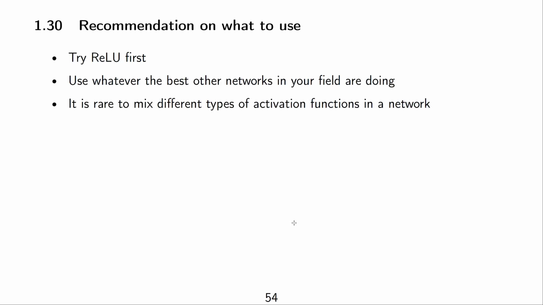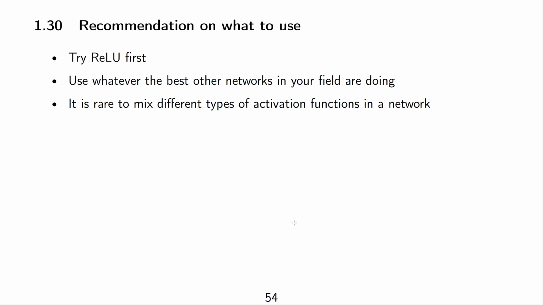All right. So what should you use? I think ReLU seems to be a robust first choice. And then you probably want to read several papers specifically in your area and use whatever the best other networks in your field are doing.